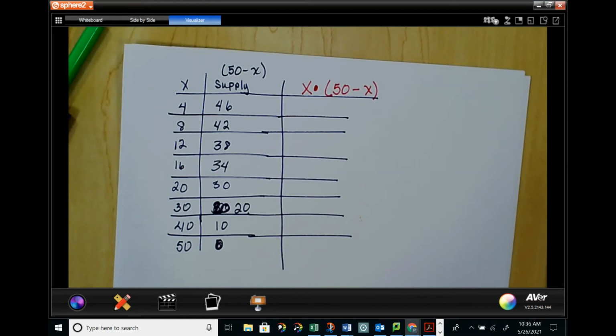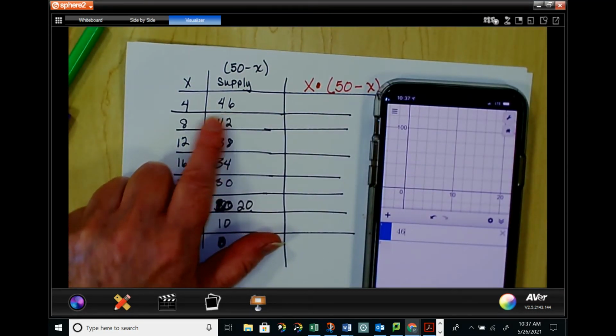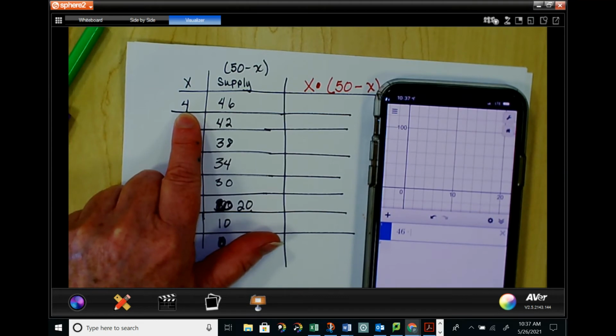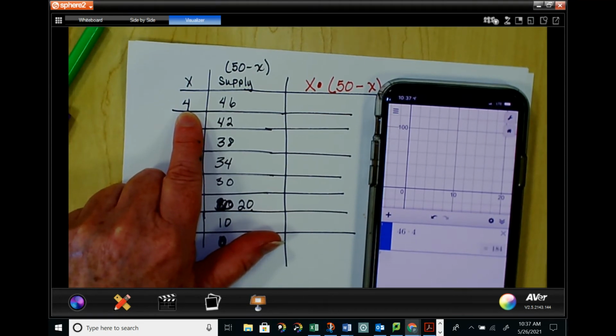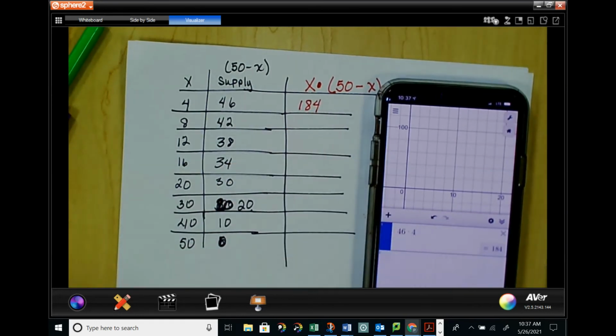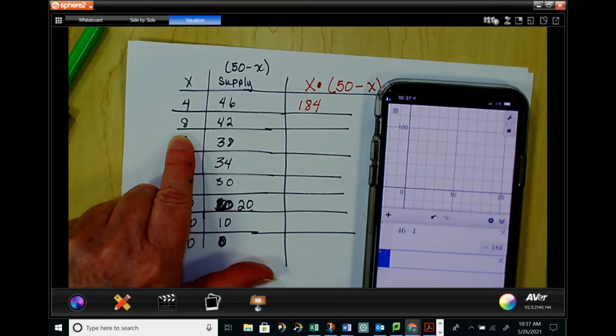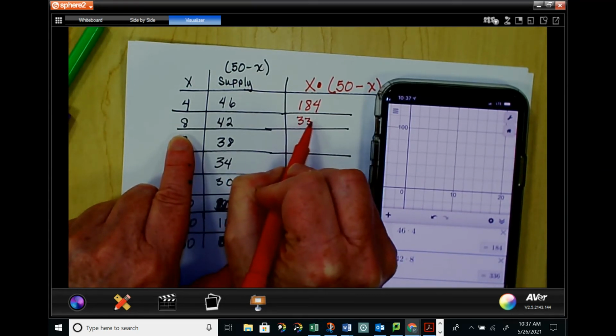I'm going to take 46, and I'm going to multiply it by that number in front, that x number, which is 4. So 184. And then I'm going to go 42 times 8, and I get 336.